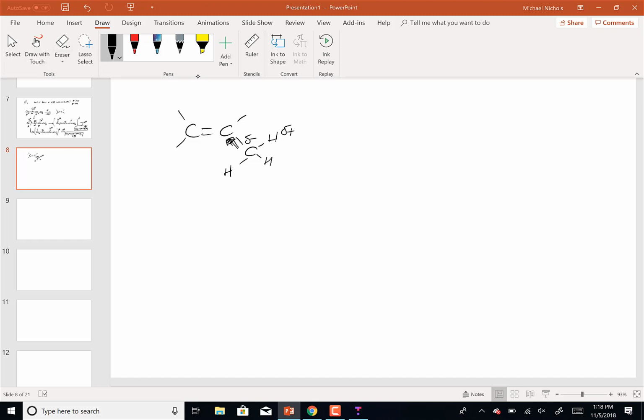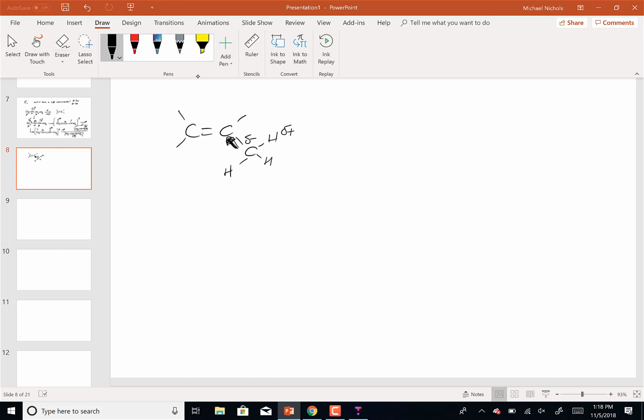It pushes electron density into the double bond, makes it more stable. The more alkyl groups you put on the double bond, the more stable it is. And also remember that a double bond can have 4 alkyl groups because it's got 4 things attached to it. So that's how we can stabilize the alkene.